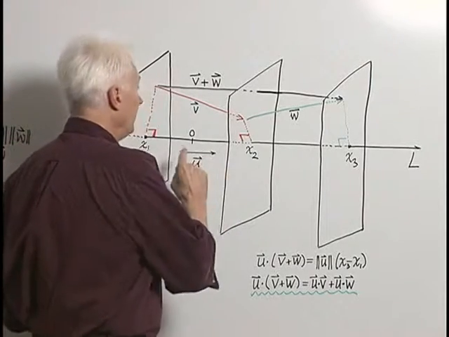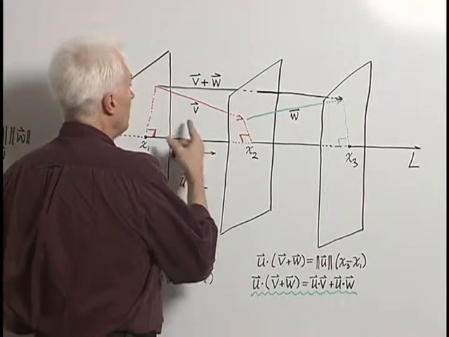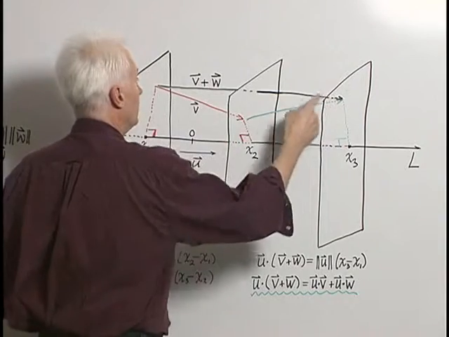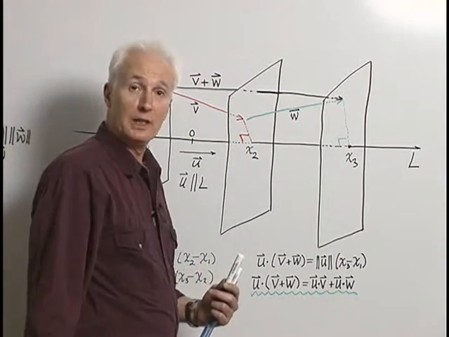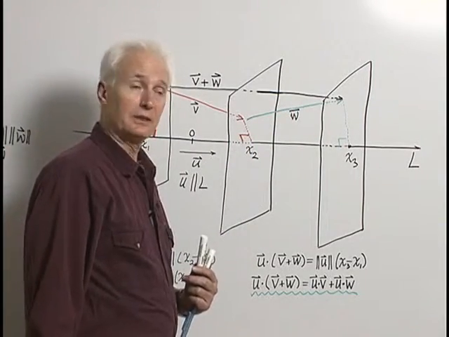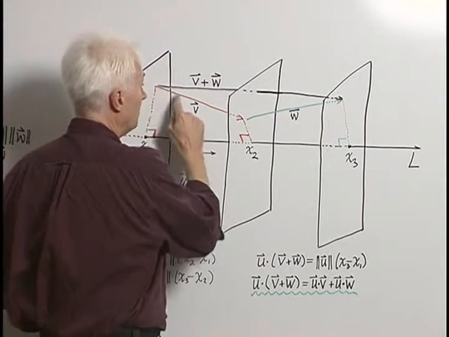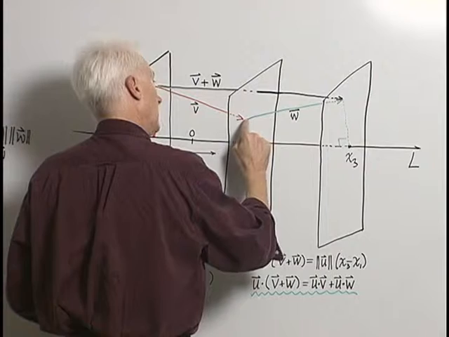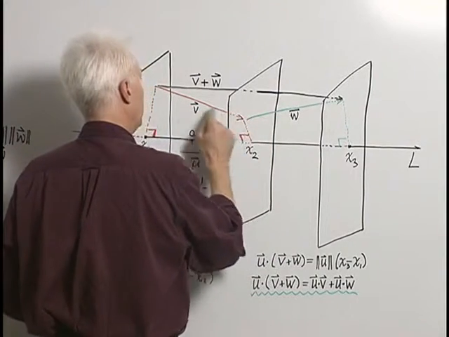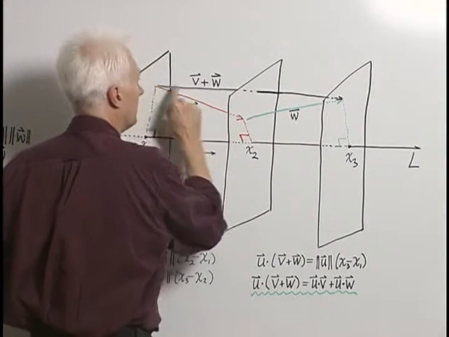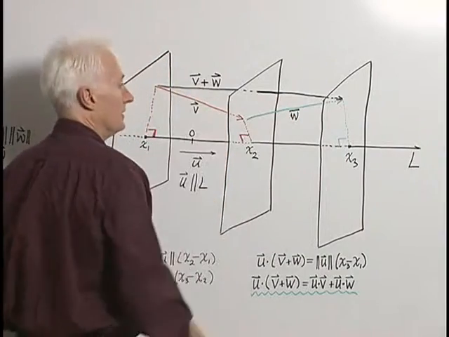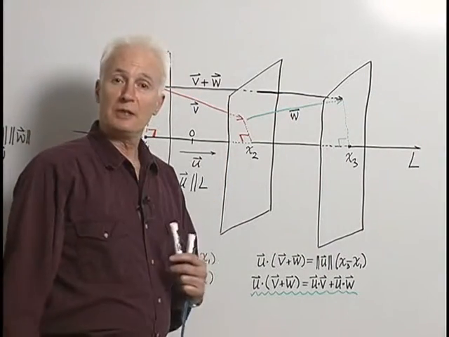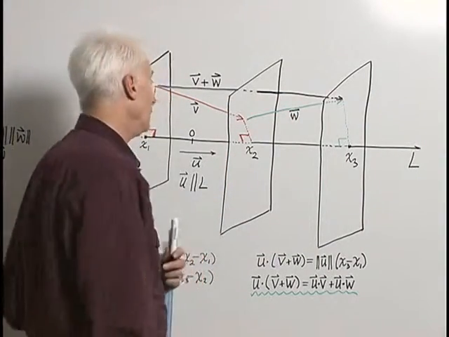So now what I want to do is imagine that I've got two vectors v and w, and they're anywhere in space, but I want to look at their sum. So we'll add them head to tail. V, W, here's the tail of W at the tip of V, and so then we connect tail to tip to get the sum. That's our simple geometric picture of the sum of two vectors.